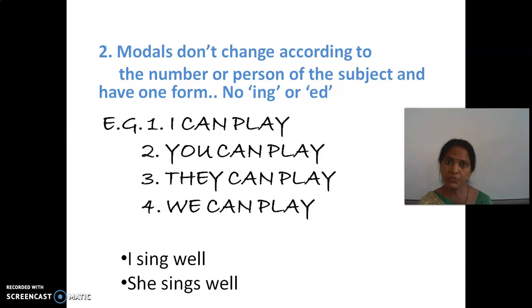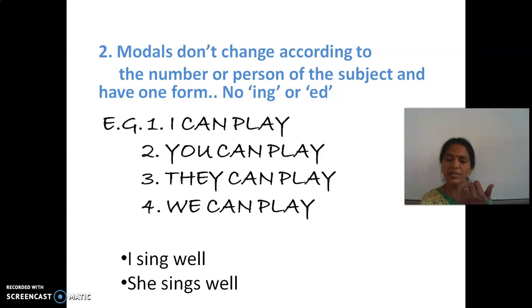Suppose they have an ing form or ed form, then you understand that it is a principal verb. I have already informed you in the beginning itself: principal verbs have 4 forms, V1, V2, V3, V4. So they change according to the tenses. Suppose I am talking about the present tense, what do I say?